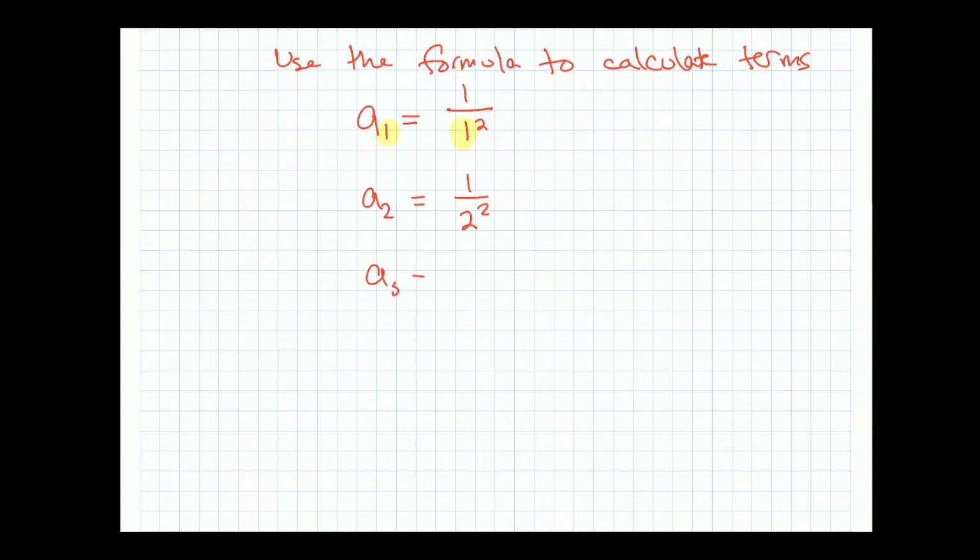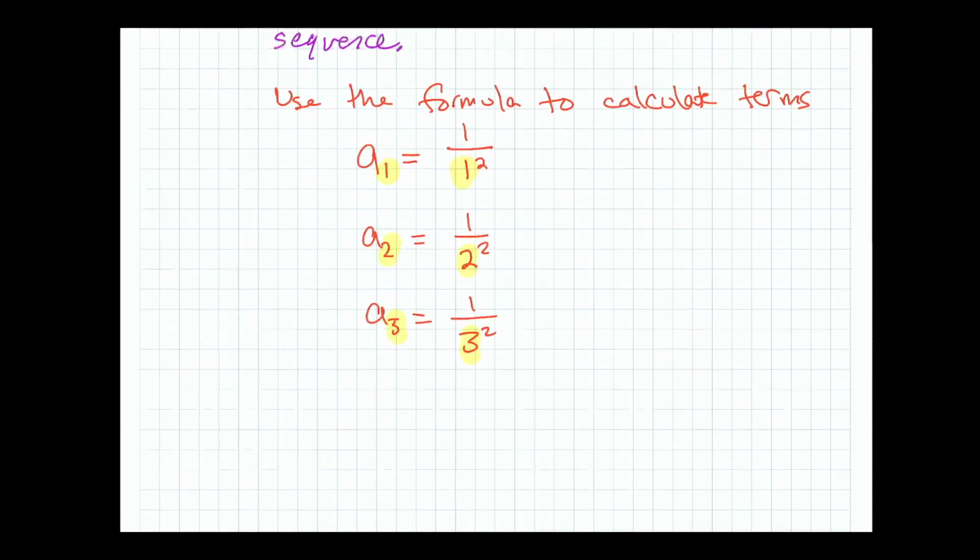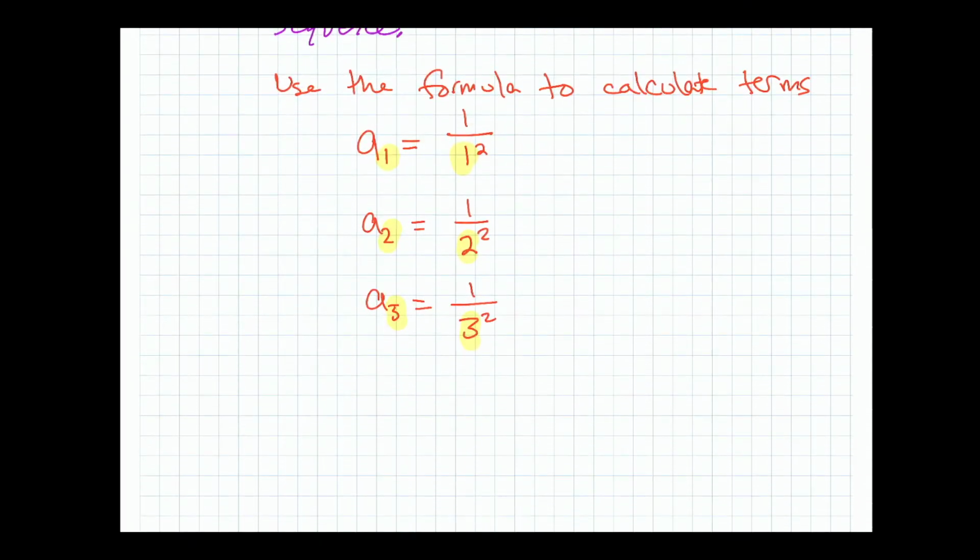And a3 would be 1 over 3 squared, because that's what the formula says to do. And you can keep doing that. We have a4, 1 over 4 squared, and a5, 1 over 5 squared. And of course, you can actually calculate those numbers. That's easy. This one's 1. This one is 1 over 4. This one is 1 over 9. This is 1 over 16.